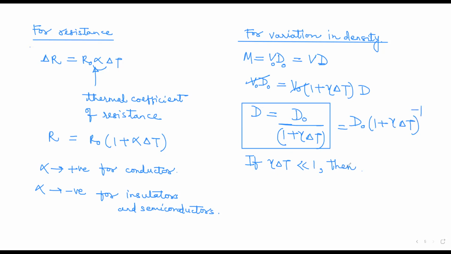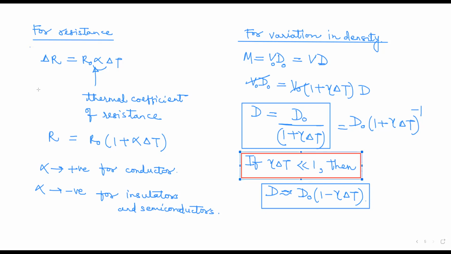If gamma delta T is very small as compared to 1, then D can be approximated as, not equal to, it can be approximated as D naught times 1 minus gamma delta T. But this equation is only valid when this case is valid, right? They are interrelated. If gamma delta T is not very small as compared to 1, then this is not valid. I hope all of you understood it. Yes or no? Yes, sir.